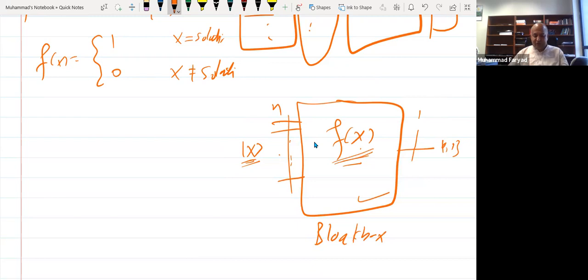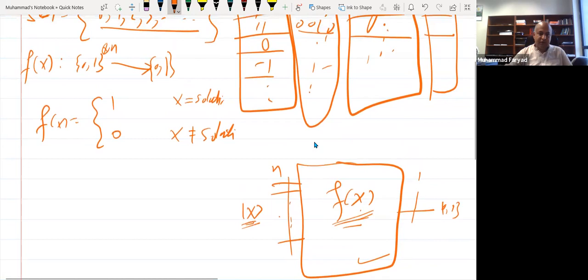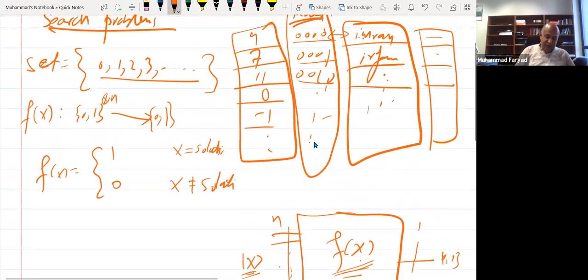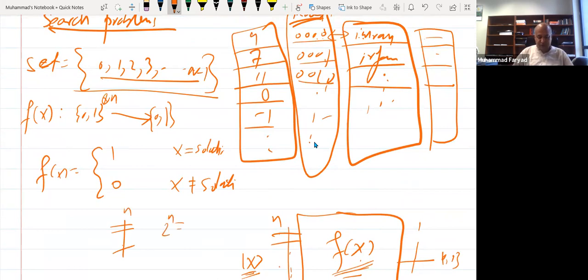And classically, you can see we have the set of possible solutions all the way from 0 to, let's say, N minus 1, so that I can represent it on an n-bit register, because 2 to the power n is equal to capital N. So there are this many items in the search set, and we are going to assume that the search set is always equal to 2 to the power n.